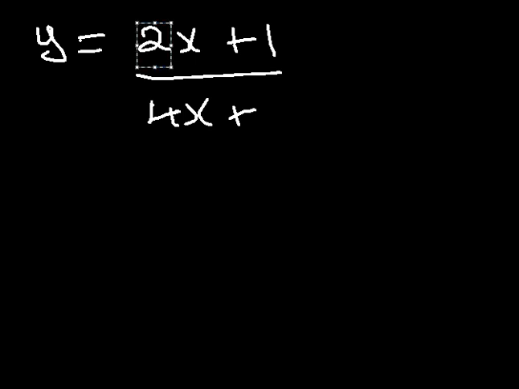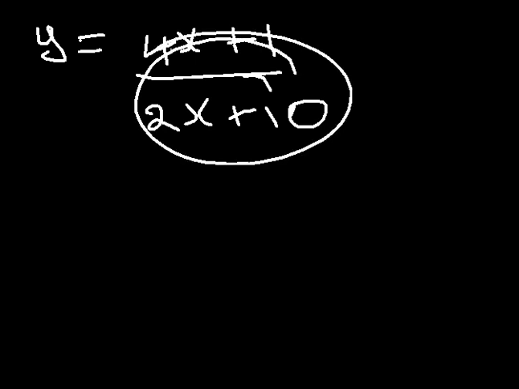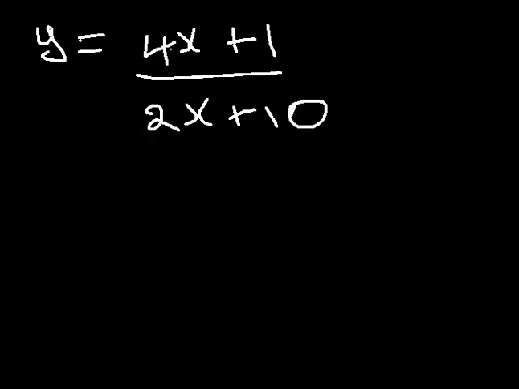Let me give it as 2 here, and plus 10 in this case. So now, how should we come up with the graph of this function? This is a reciprocal function, which corresponds to the rational function.